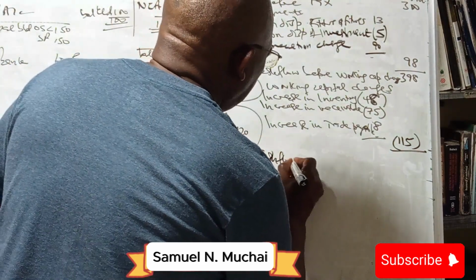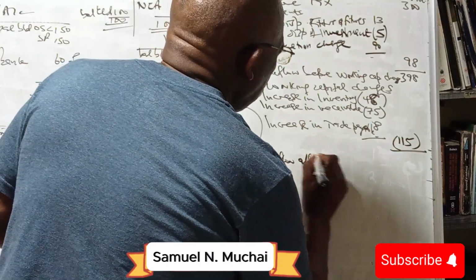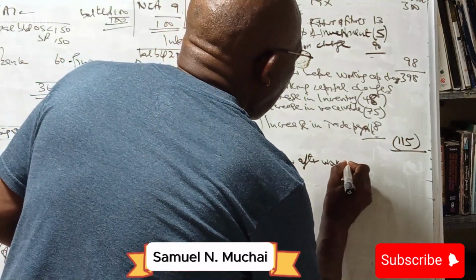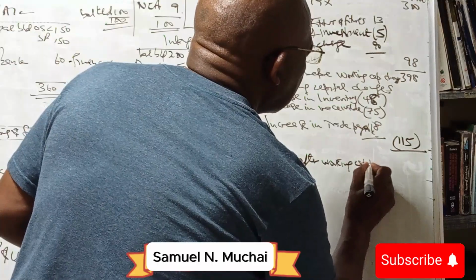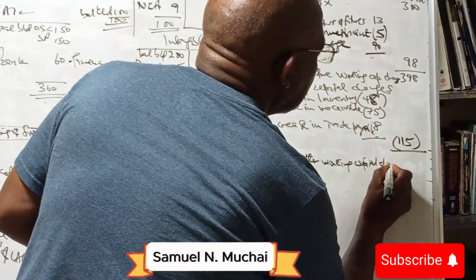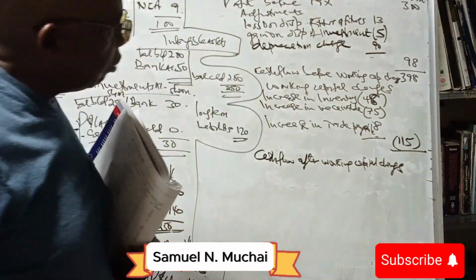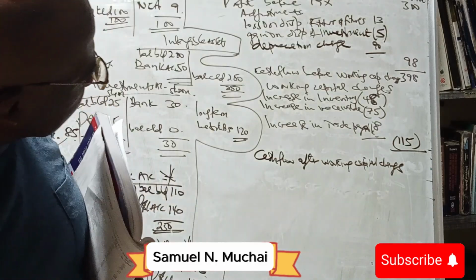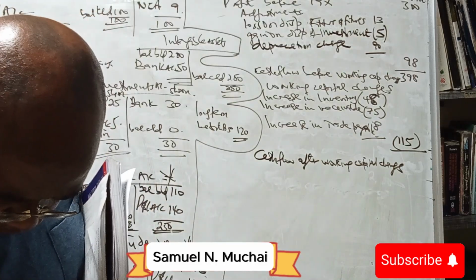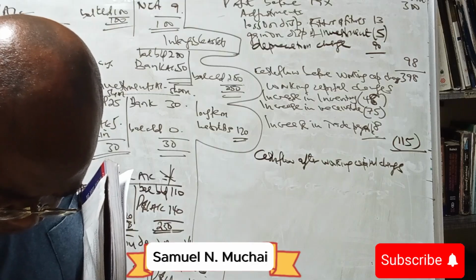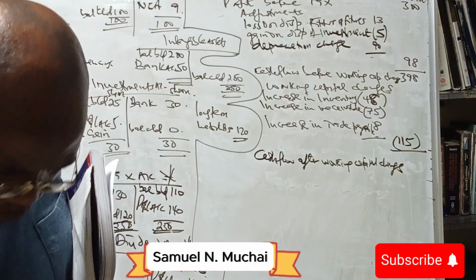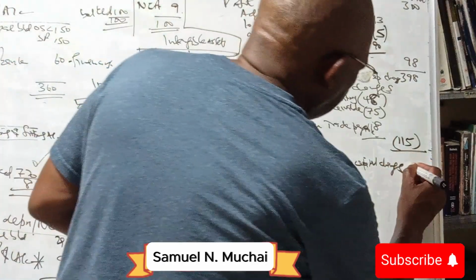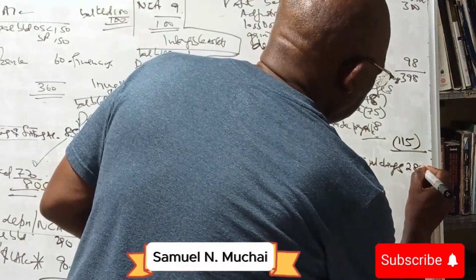So 398 minus 115, we get a figure of 283.